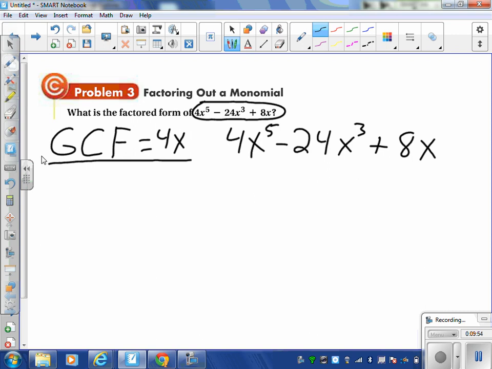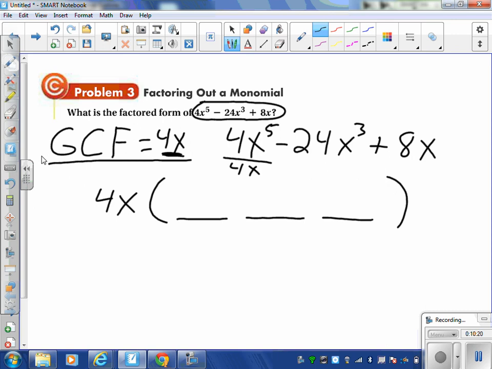My final answer is going to have 4x on the outside with the parentheses, but I'm going to add numbers to each one of these blanks inside. So how do I do that? I'm going to take my greatest common factor of 4, and I'm going to divide it with each one of those numbers.